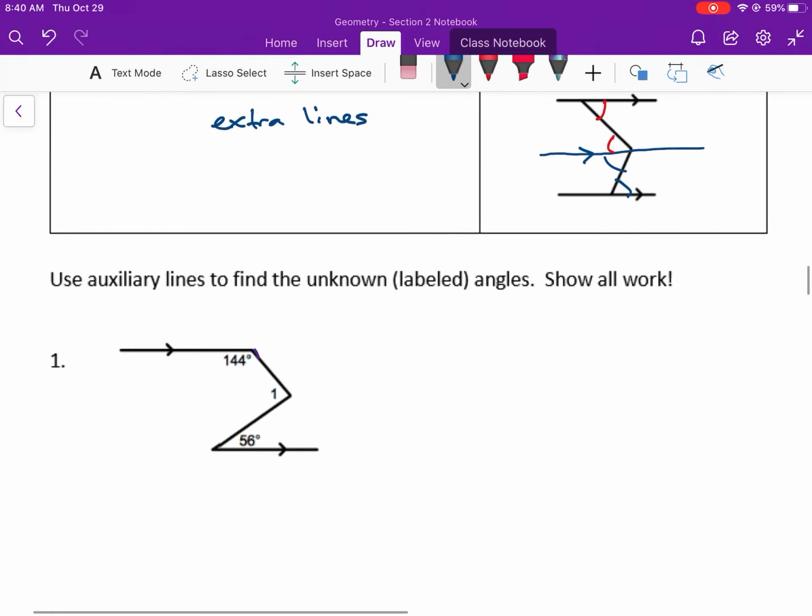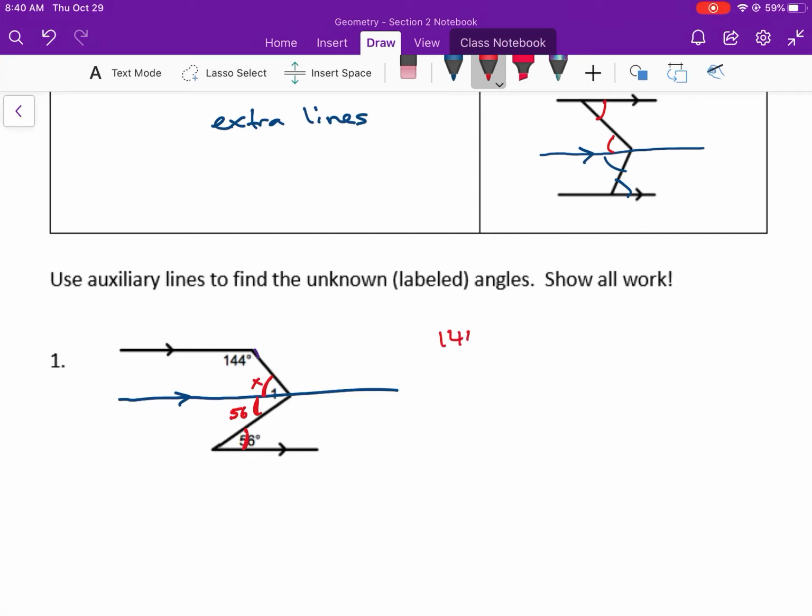So I look at this picture here, down here, I'm looking for angle 1, so I'm going to draw this auxiliary line, which is parallel to these other two lines. So that means I know that this part of the angle 1 is the same as 56, and I know that 144 and this part are supplementary. So I'll call that part x for now.